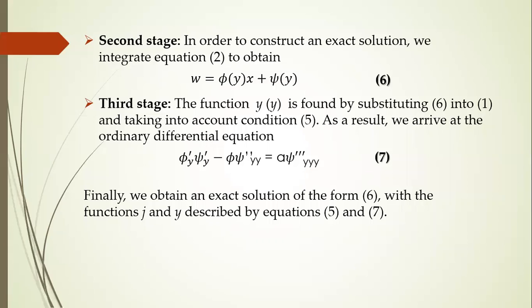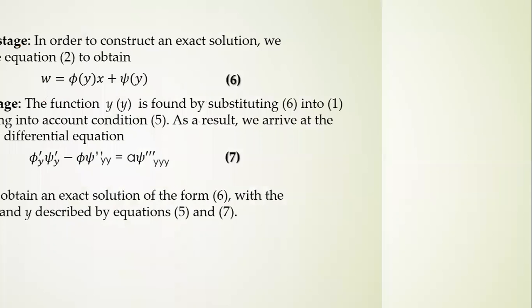As a result, we arrive at the ordinary differential equation for ψ(y), equation 7. Finally, we obtain an exact solution of the form equation 6 with the functions φ(y) and ψ(y) described by equations 5 and 7.